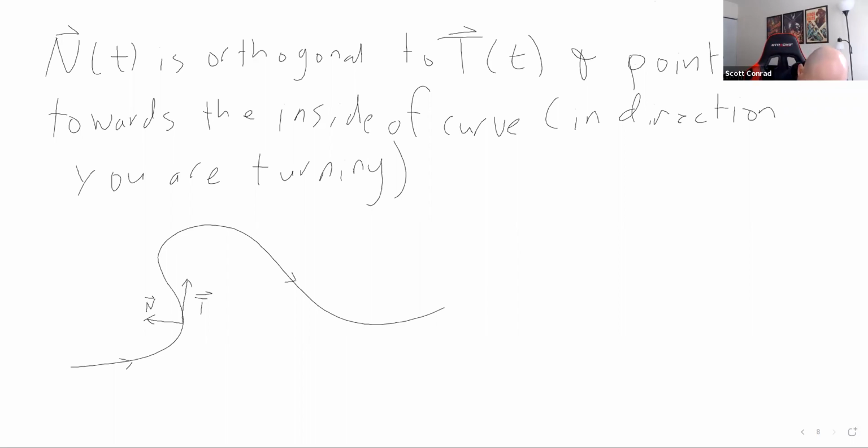Whereas right here, that's our unit tangent vector. Now our unit normal is going to be pointing the opposite direction because now we're turning that way. But in all instances, it's going to be orthogonal to our curve. And so that's geometrically what's going on with the unit normal vector. It's orthogonal to the unit tangent, and it's going to point in the direction you're turning.